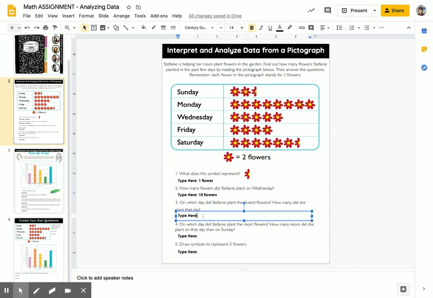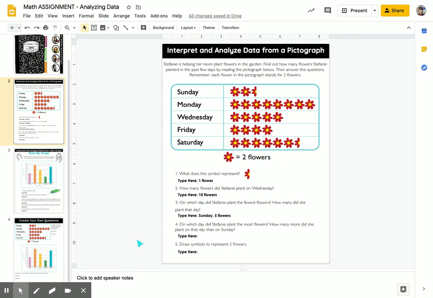So Sunday would be the day that she planted the least amount of flowers or the fewest amount of flowers. And then we also need to answer the second part of the question, how many did she plant on that day? 2, 4, and then we just need to count 1 here because remember, half of a flower just equals 1 flower. So 2, 4, 5. 5 flowers.